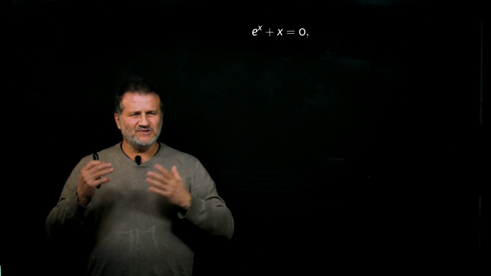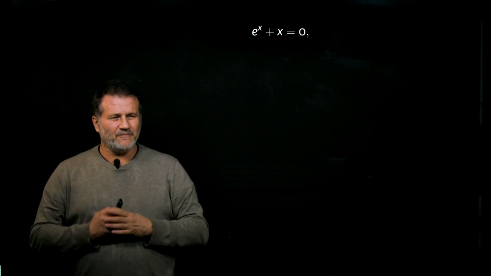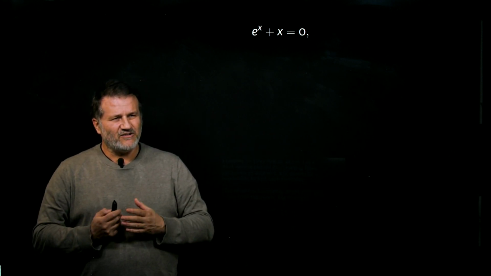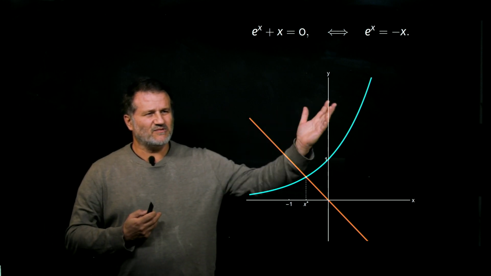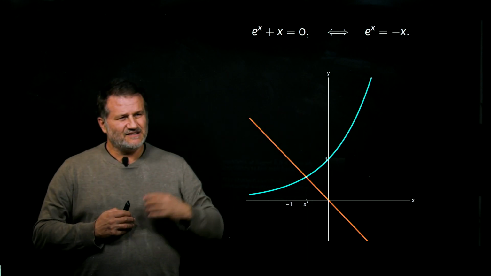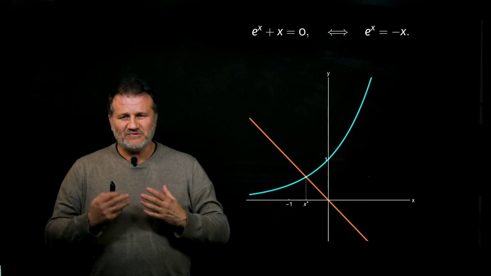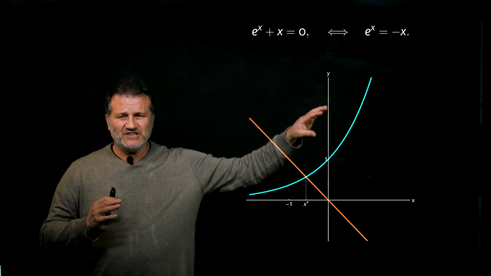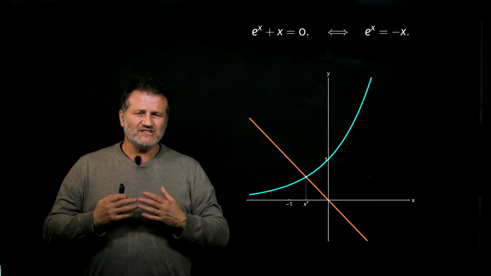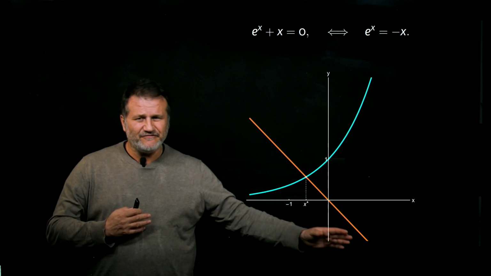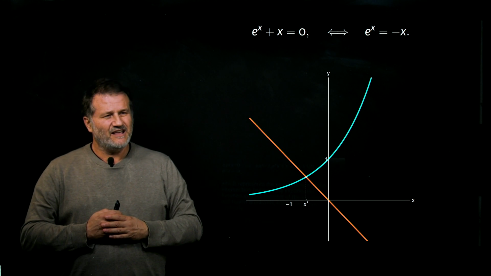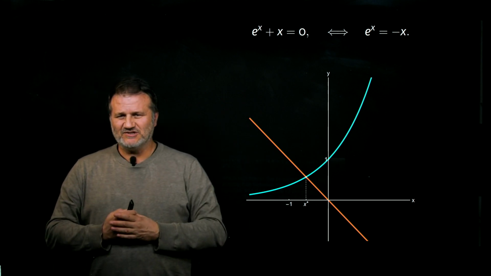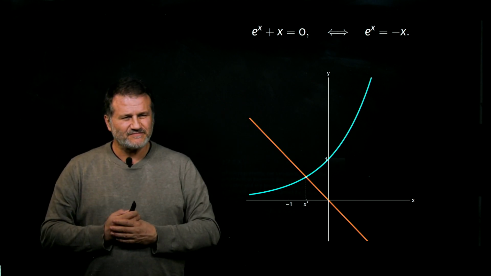For example, take this simple equation e^(2x) plus x equals 0, that we can also recast as e^(2x) equals minus x. Under this form, we see that x represents the abscissa of the intersection between the exponential function and the bisector of the second and fourth quadrants, and this equation cannot be solved explicitly.